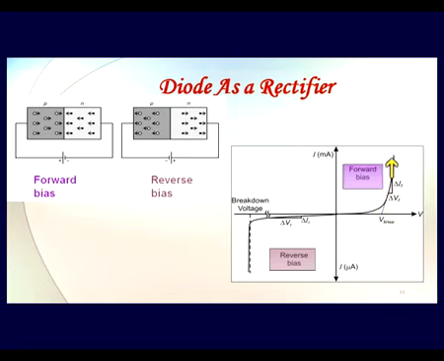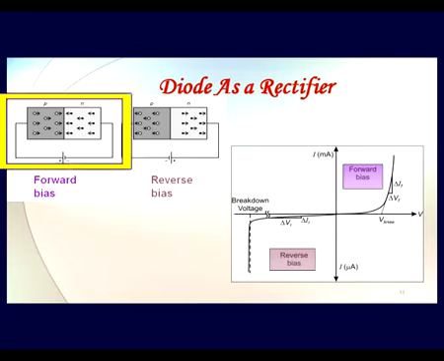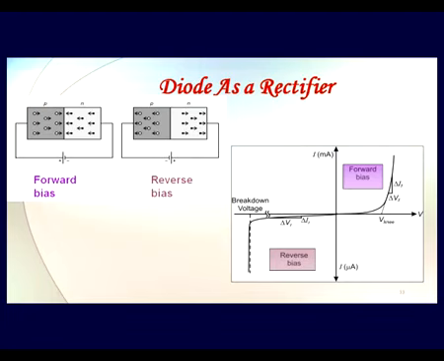The current goes on increasing with very little change in the voltage across it. So we can consider this as if it is a switch which is put on, and it gives us a current flow through it when positive is connected to the P terminal and negative is connected to the N terminal.